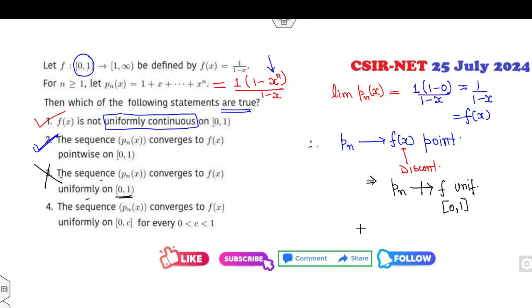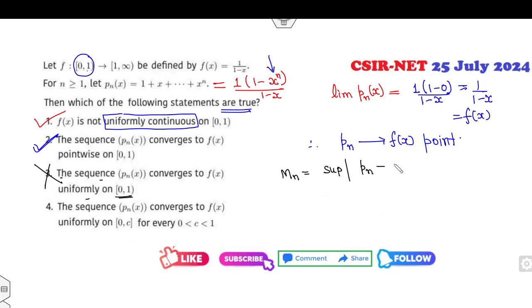Last one: does the sequence converge uniformly on the closed interval [0, c], where c lies in (0, 1)? Then we have to apply the Mn test, that is, the supremum of |Pn(x) minus f(x)|. If you subtract them, the 1 over 1 minus x will cancel out. On the closed interval [0, c], it is x raised to power n over 1 minus x. Now you have to find the supremum.